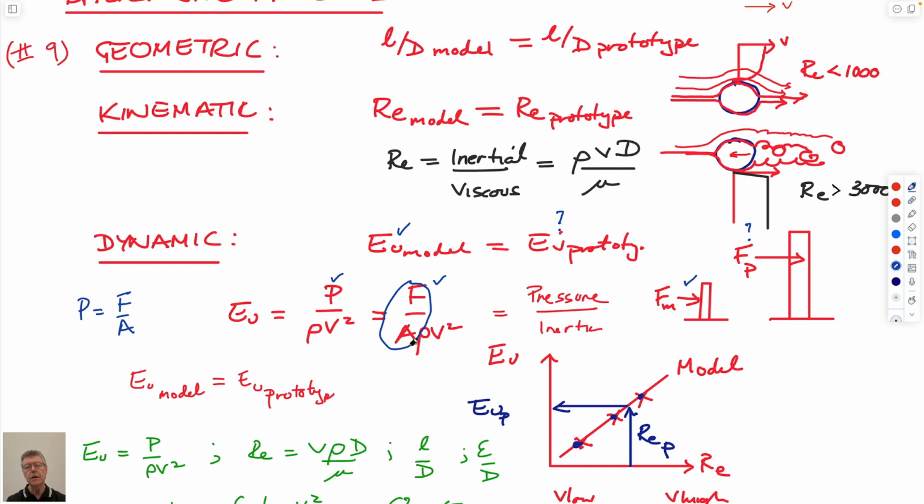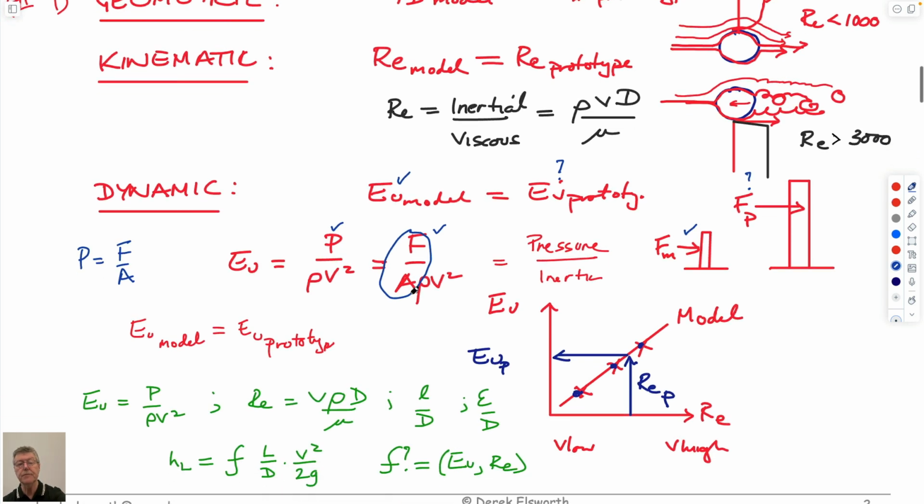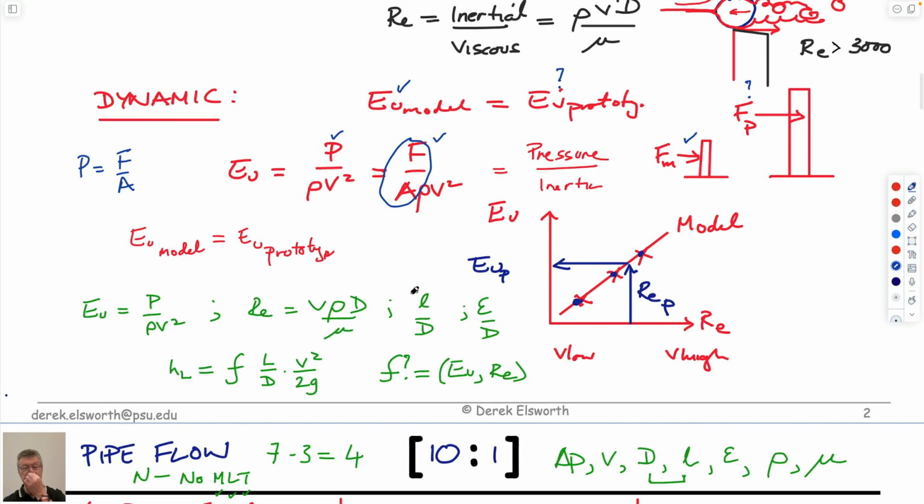And so if you look at the prototype, you know the velocity of the fluid that's flowing, you know its density, you know some characteristic dimension of the system, a height or a width or an area, and then you can get the force that's applied in your real system. And that's really all it is. And so the idea is that if you look at plotting the behavior in your system, you do your experiment at the right velocity, at the right Reynolds number, and you measure the force that's applied at that velocity.